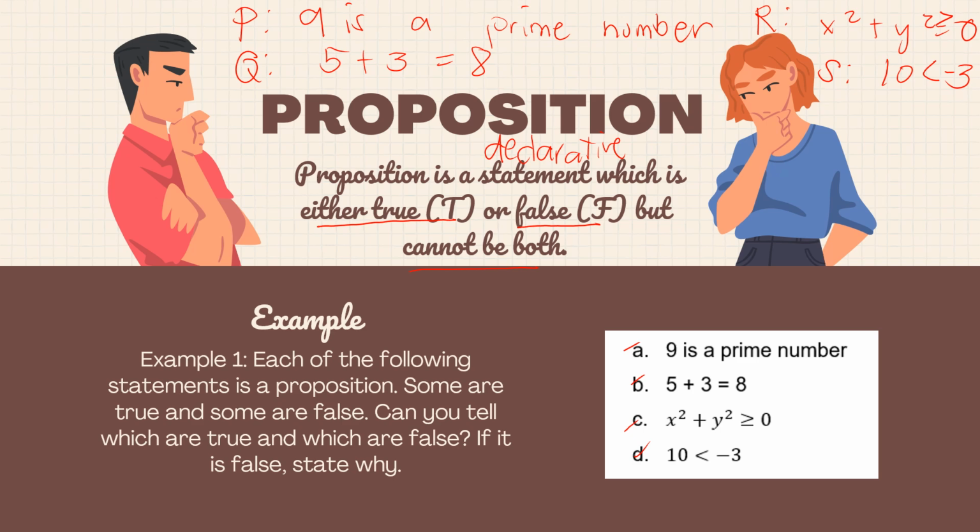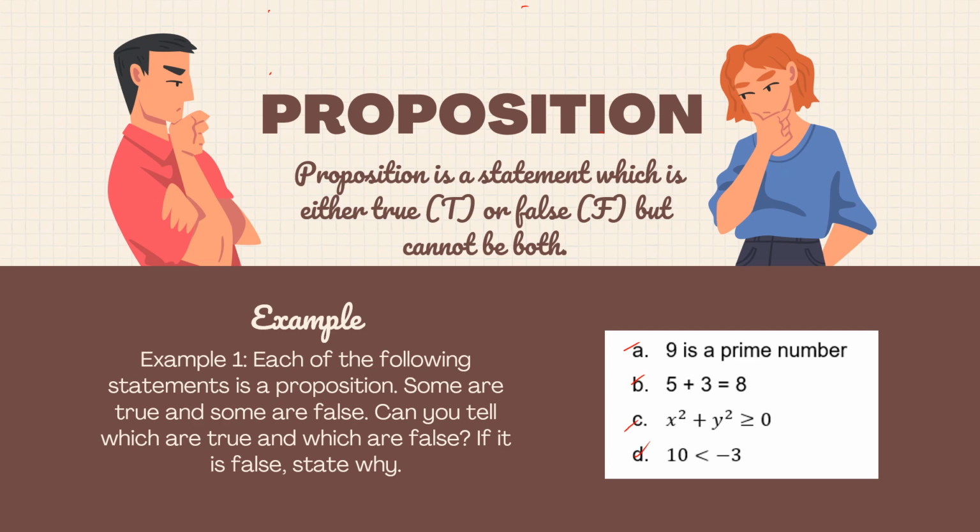For example, if we have proposition P, it means this is the statement. Q, 5 plus 3 equals 8, that's the statement. Then R, this is the statement of proposition R, and S, this is the statement of proposition S. Get it?